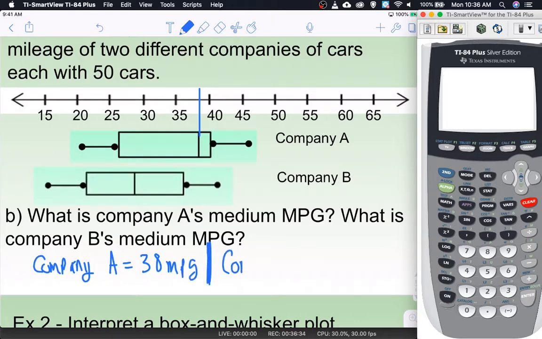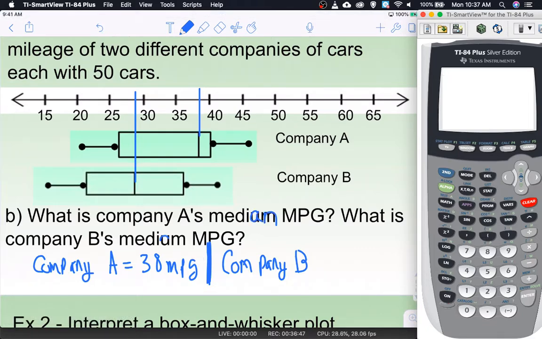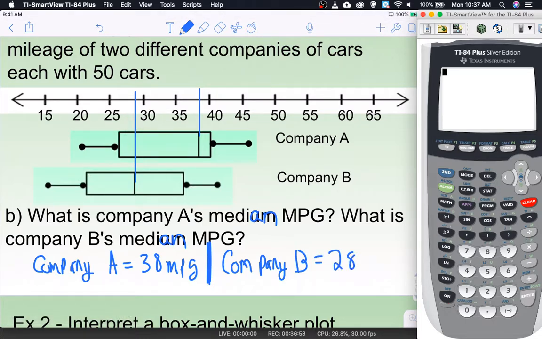And then Company B, their median, and this should not be medium, it should be median, M-E-D-I-A-N. Whoops. Their median miles per gallon should be about 28.